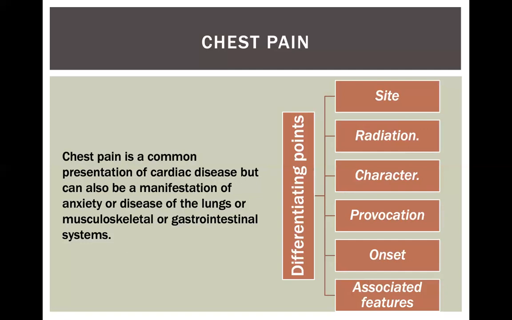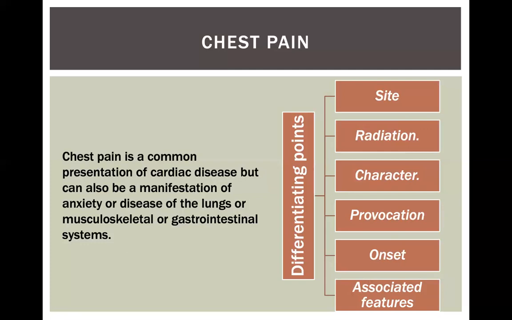It's diffuse chest pain because of the poor nerve supply of the heart. The radiation is a characteristic feature for ischemic pain that is not present in almost all the other causes of non-ischemic chest pain. The site is also important to differentiate between two kinds of chest pain, the central chest pain and the lateral or peripheral chest pain.